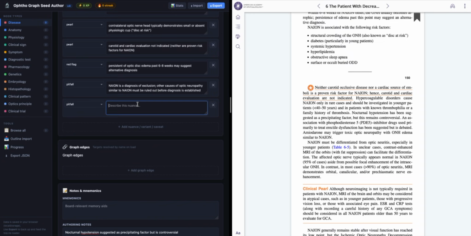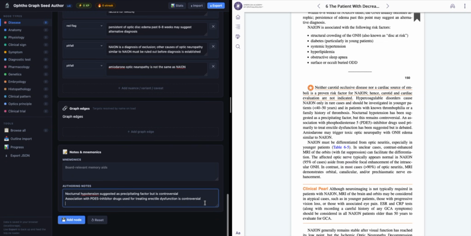Then I'm also going to put under pitfall, amiodarone optic neuropathy is not the same as NAION, as I've seen that show up from time to time. And then the other thing that I'll add in here that we haven't discussed, because it's kind of popular right now, is GLP-1 receptor agonist drugs.